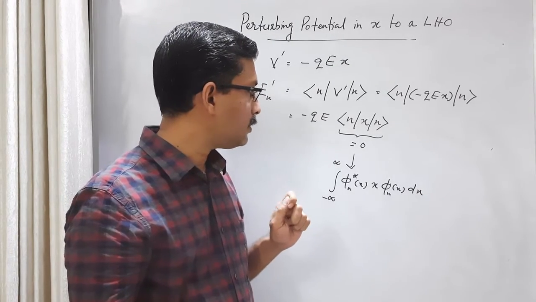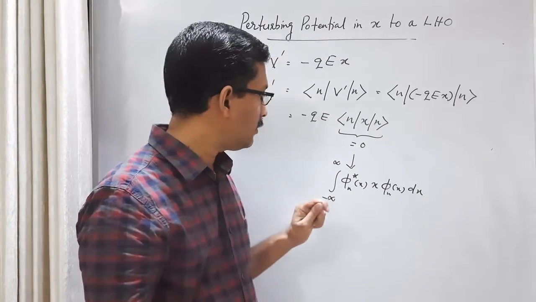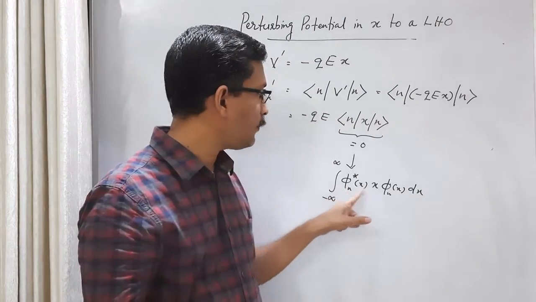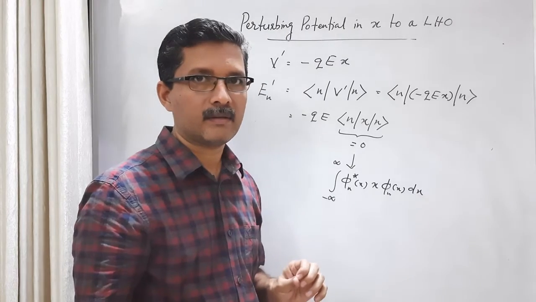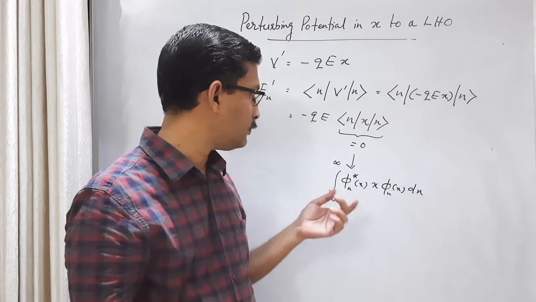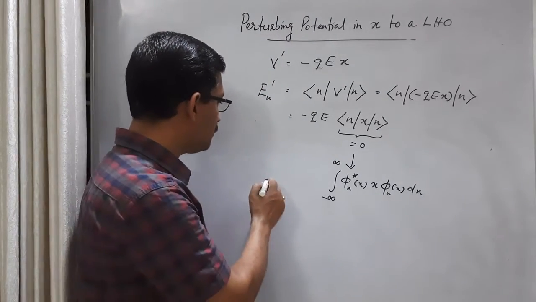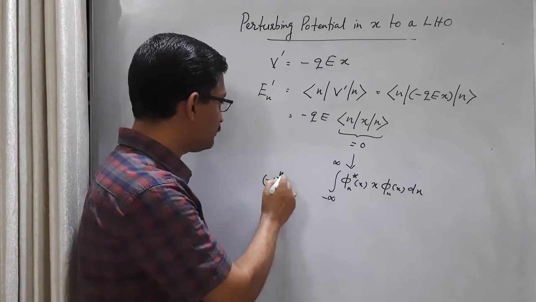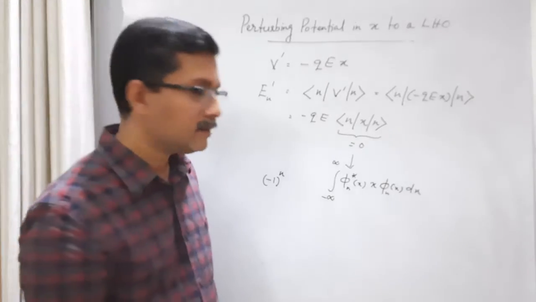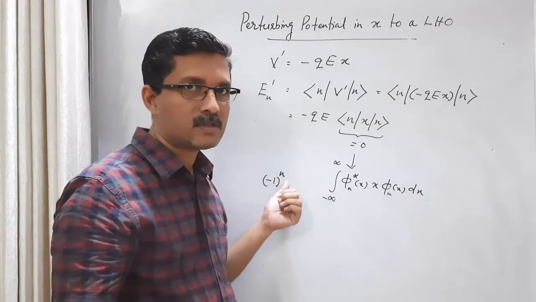Now, in the case of harmonic oscillator levels, every state has a definite parity, and the parity of the nth state will be (−1)^n. That means if n is equal to 0, it has even parity, the ground state.